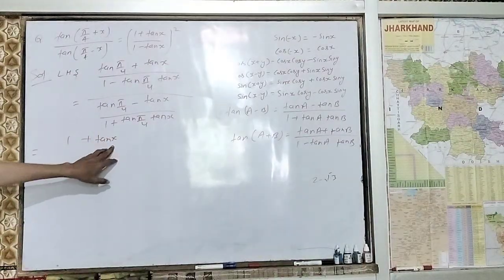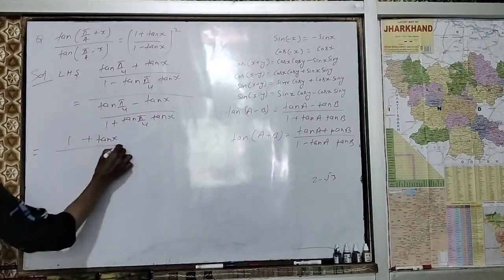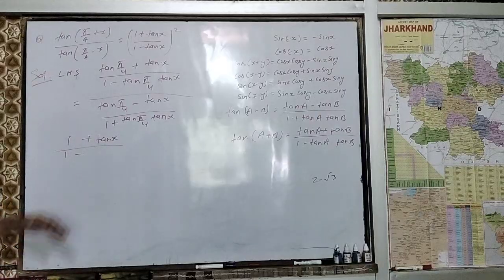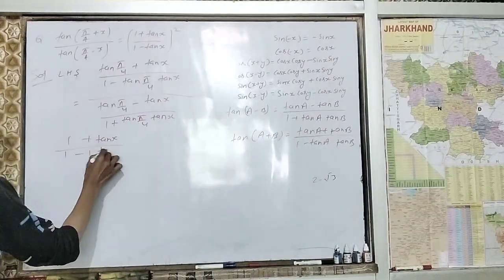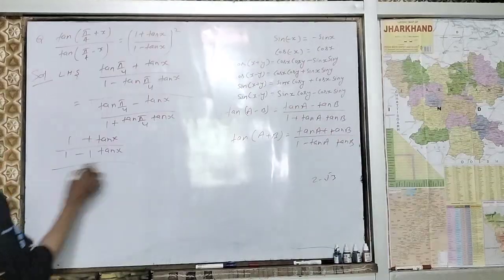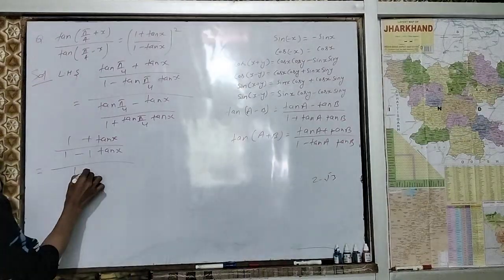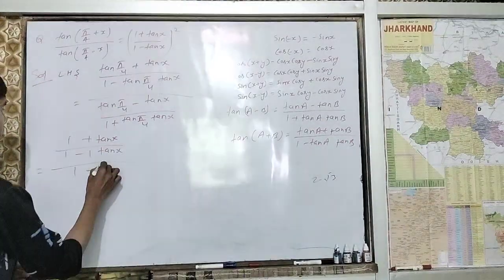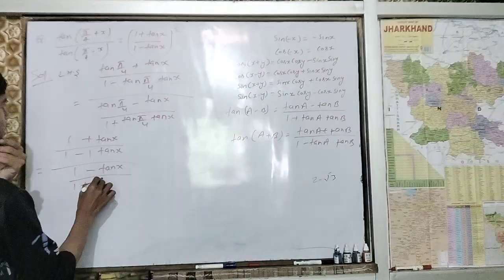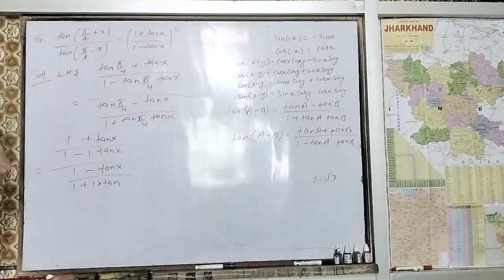So here 1 plus tan x will be as it is, because we don't know the angle, that's why there is a value. Next, 1 as it is, 1 minus tan x, then we have upon 1, then minus tan x, upon 1 plus 1 into tan x.